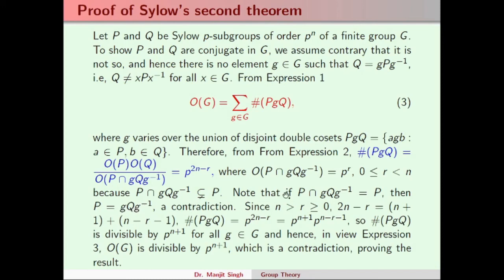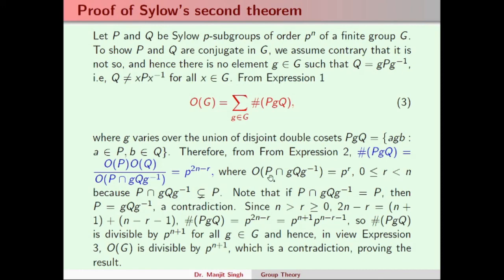So in such a situation, we will assume that P intersection gQg inverse is a proper subset of P. As we have seen, if you take equality, then we have a contradiction because they are not conjugate here. So r is strictly less than n here.